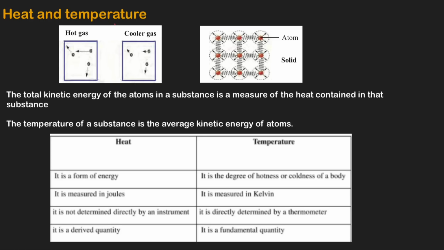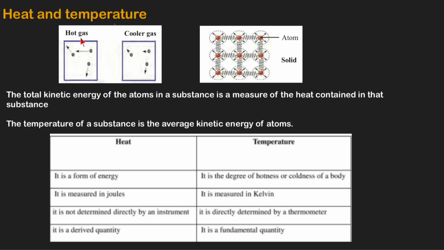Now, the next point is heat and temperature. Here, we can observe hot gas and cool gas. In the hot gas, some atoms are shown with an arrow. That arrow shows the velocity of that atom. Now, we know that velocity has direction and magnitude also.